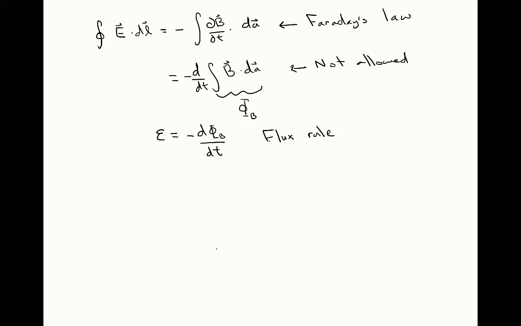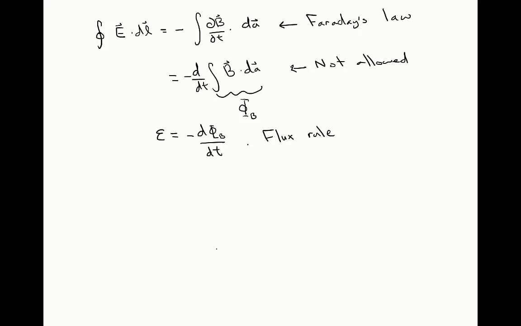But it's not allowed, so this is the flux rule. It's still true, it still works, but it's not Faraday's law. You may or may not care that much about what you call things. But it works, and that's what matters. And so last week we just focused on what happens when you change the magnetic field as a function of time.